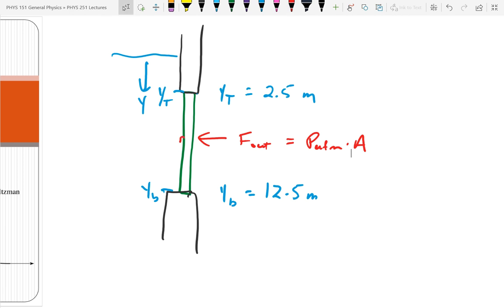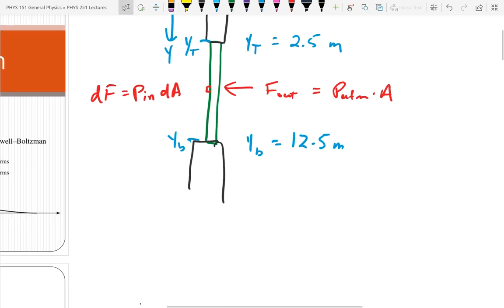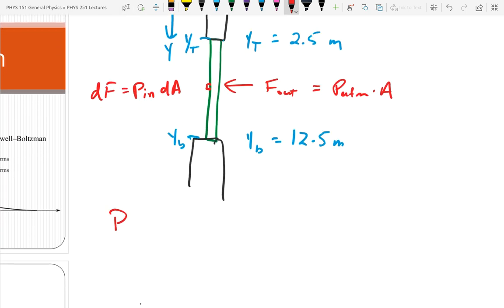And so on some little region here, I'm going to have dF equal to pressure inside times dA. And then I have to integrate that over the height. So then I know that pressure inside is equal to pressure atmosphere plus the density of my water times g times the depth.